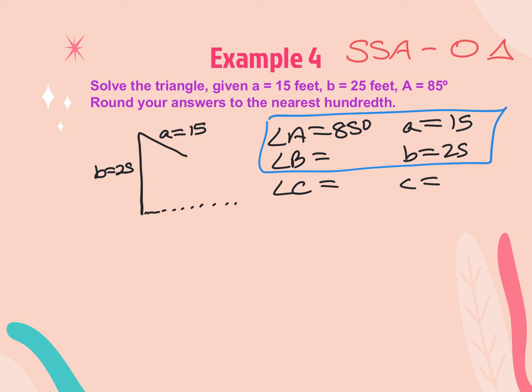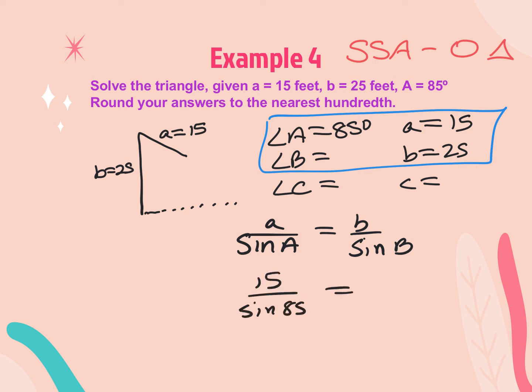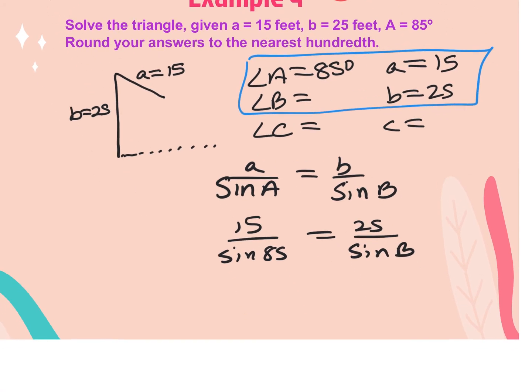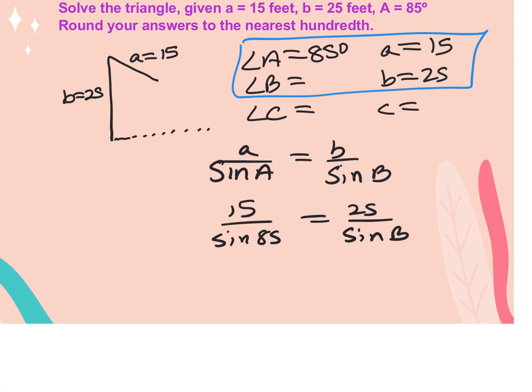So what I'm going to be setting up is the sine of A with little a on top of it, little b, sine B. So let's fill in the numbers. 15 over the sine of 85 equals 25 over the sine of B. As soon as you do this first proportion, you're going to get error on your calculator. You stop and you say no triangle. So watch.